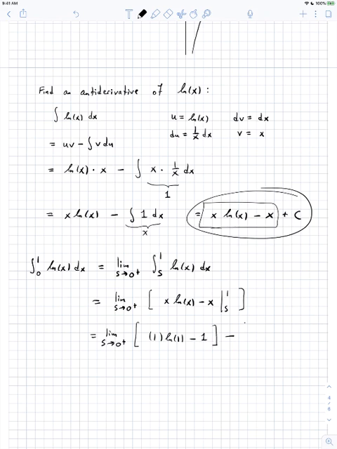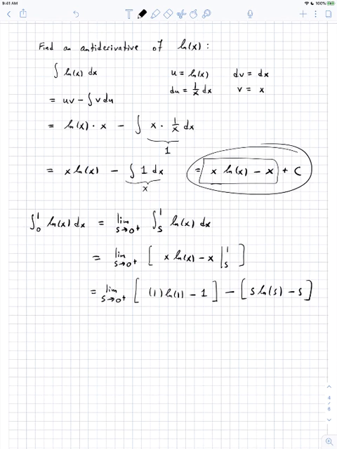And then minus, we plug in s for x. So it's s ln of s minus s, like so. So ln of 1 is 0. So we have the limit as s approaches 0 from the positive side of minus 1 minus s ln of s, minus a minus is plus s. S is going to 0.